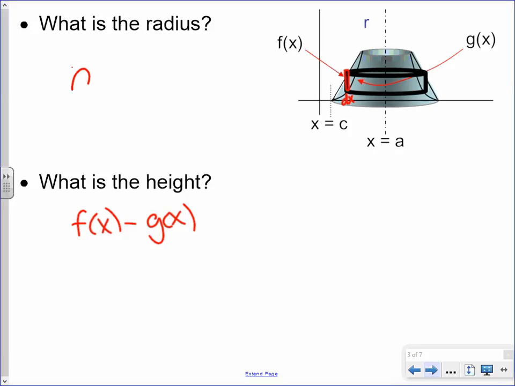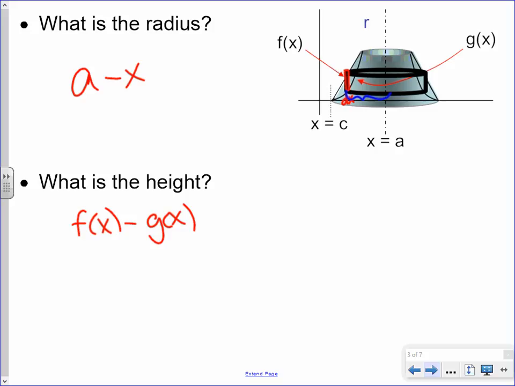Connor thinks a minus x. Is he right? I'm getting a couple head nods. So our radius is this distance right here, the distance from our rectangle to the axis of rotation, okay?